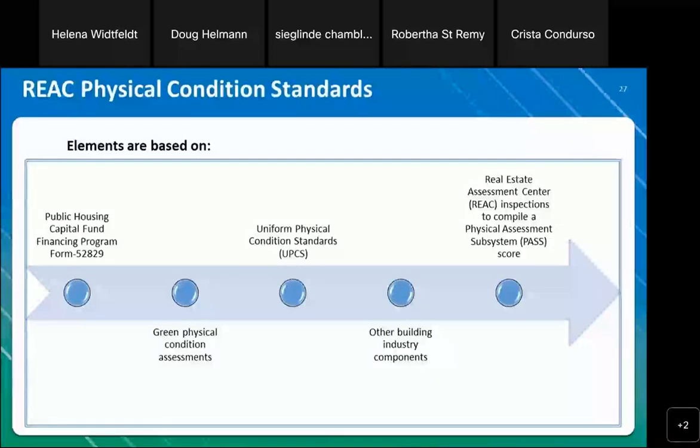It starts out in public housing in the financing program when you use HUD Form 52829, physical conditions assessment, green physical conditions assessments, your UPCS, Uniform Physical Condition Standards, other building industry component standards, and we heard of the gold standard, the ISO, and then of course anything that REAC compiles through the physical needs assessment that is tied to your Physical Assessment Subsystem score, your PASS score. Next slide, please.